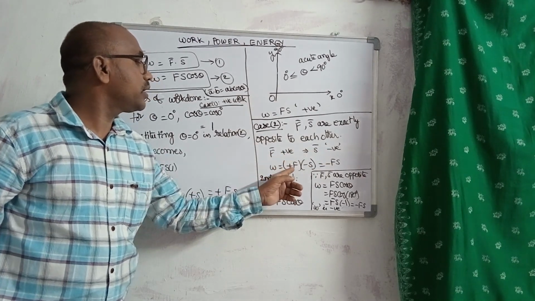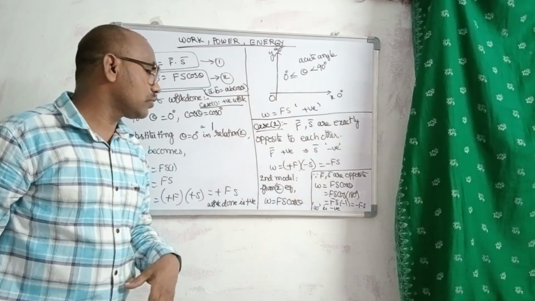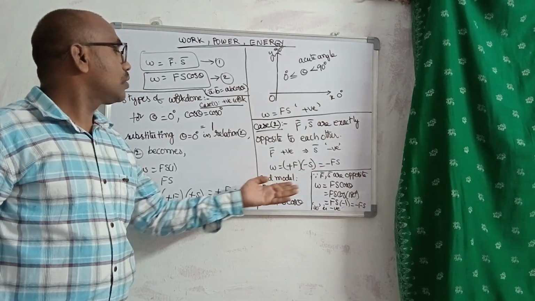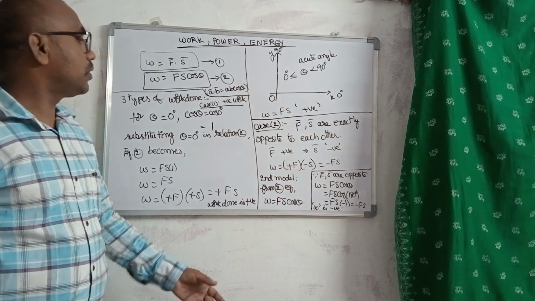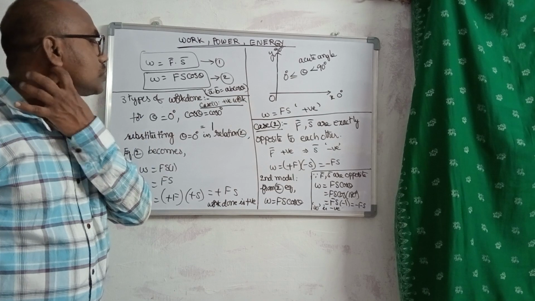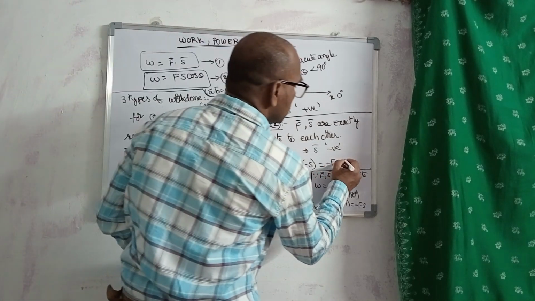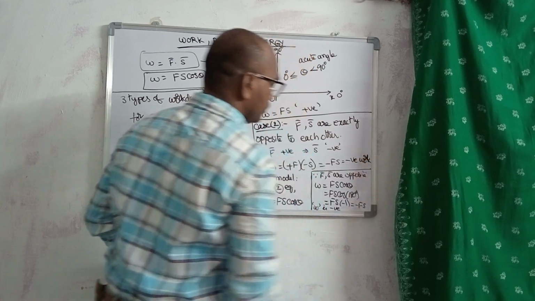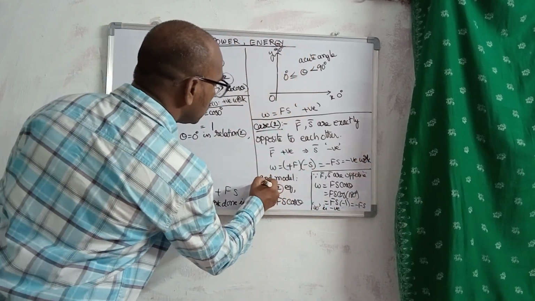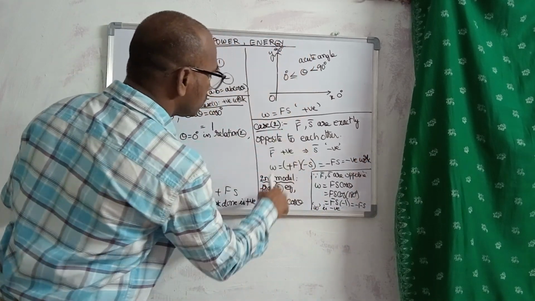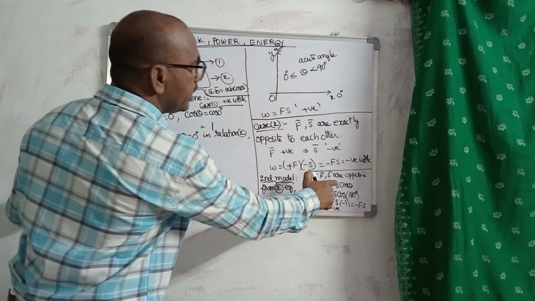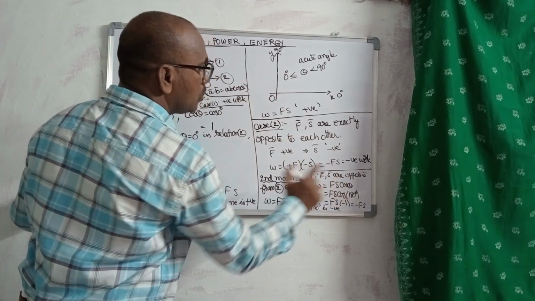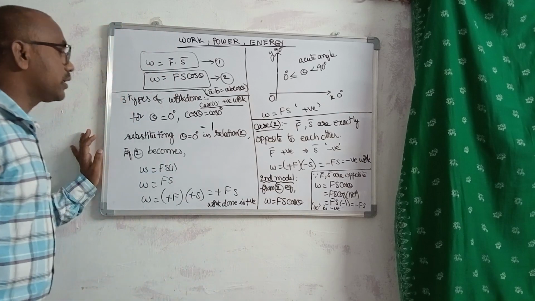So one is a plus quantity and the other is a negative quantity, so you can take W equal to minus Fs. So this is negative work. In this case, substituting theta equal to 180 degrees, you get work done negative.